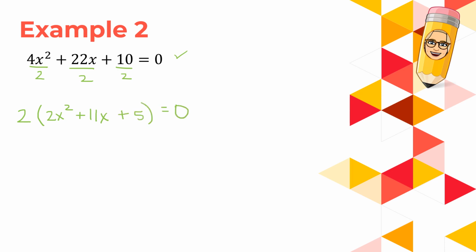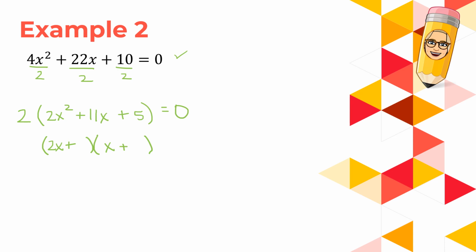So now that I took out a GCF, I'm going to look at what's in parentheses and factor that. Okay, so factoring, there's 3 terms, so this means we're going to do trinomial factoring, meaning we're going to do 2 sets of parentheses. To get 2x squared, we're going to have a 2x and an x. Now, because we have a positive sign over here and a positive in the middle, that means both of my signs are going to be positive.